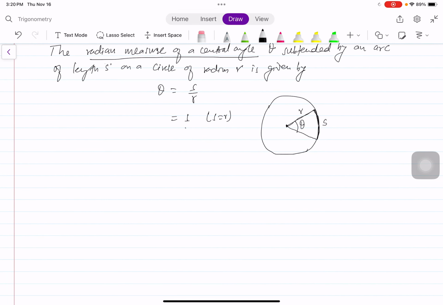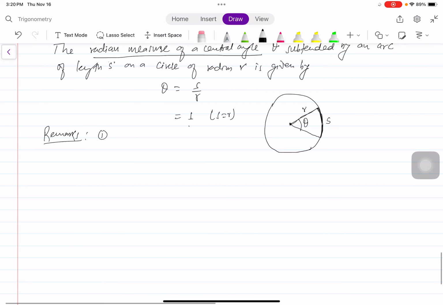Now some remarks. Number 1: this formula is only valid when s and r have the same units. Number 2: the radian measure carries no units.